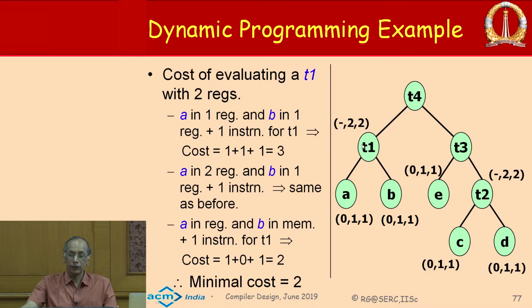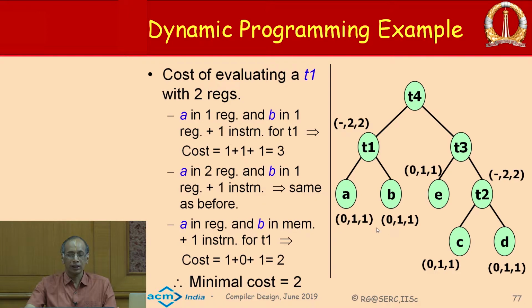Now, if I am given 2 registers, I can give both registers to A and no register to B. Does not sound like a good idea, but let us see what is the cost of this. In this case, since B is the right operand, it can be given 0 registers and taken from memory, and that actually gives me a lower cost.